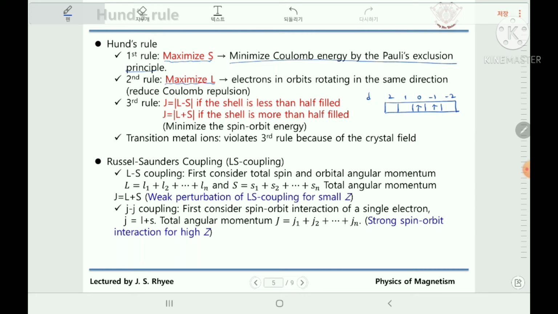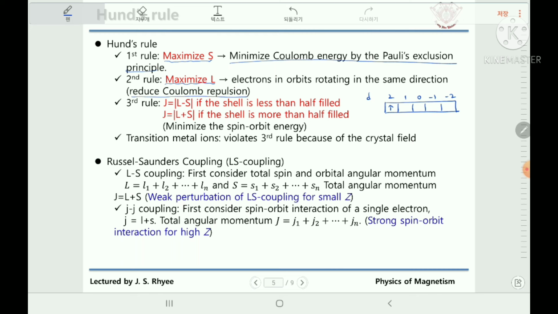It is not maximized, and therefore the electrons should occupy orbitals with maximum L at first.